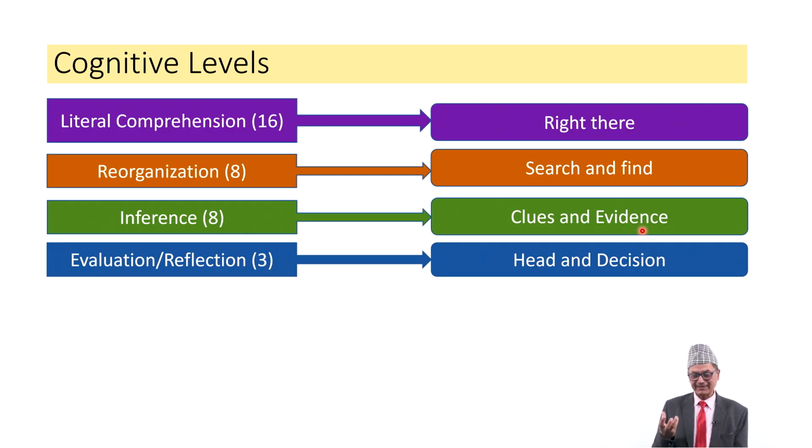You read the text, you think and you decide, and based on the text you make a logic and you write the answer. Hopefully you got a basic idea of these four cognitive levels of reading comprehension. I hope the other teachers as well use these levels while teaching the text in the classroom.